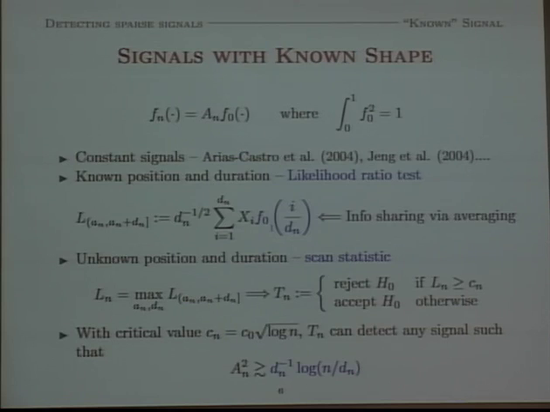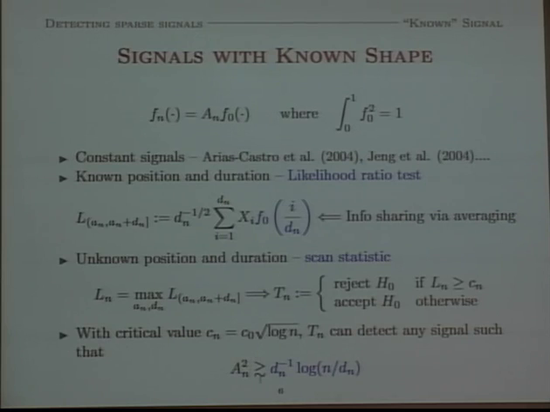And I take the maximum of all these statistics and reject the null hypothesis, of course, if this maximum goes beyond a certain threshold. And it turns out you can show, indeed, if you choose your cutoff point or threshold critical value appropriately, basically of the order square root of log n, then you can detect any signal that satisfies this condition.